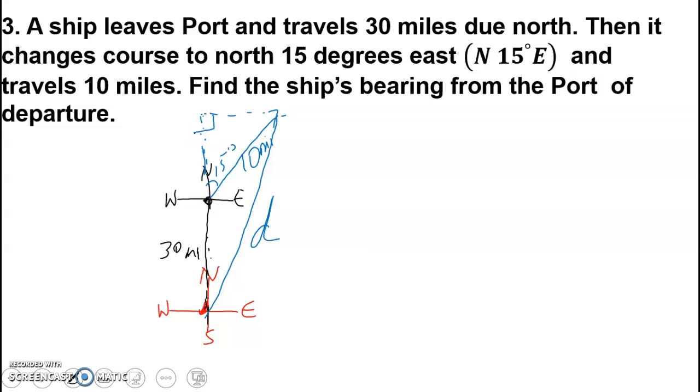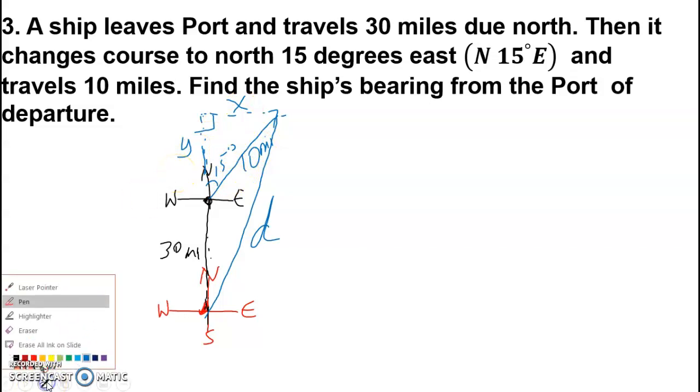And let's call this X. And we can call this Y. Well, we know from the departure to this point, he travels 30. But this other part, we don't know. But here we have a right angle. At least here, let's use it. We know this side to find this X and Y to start with.